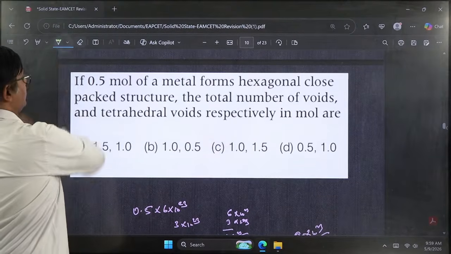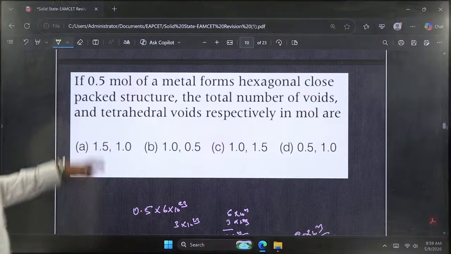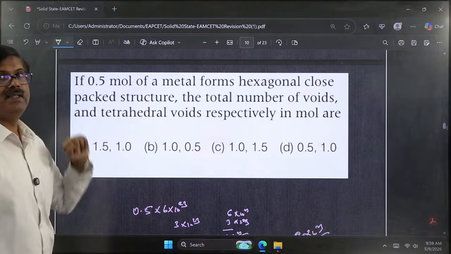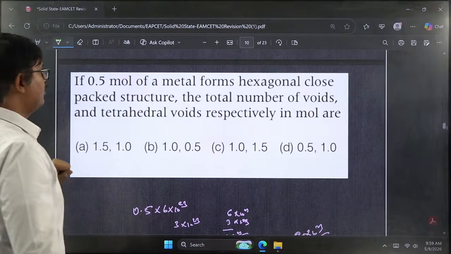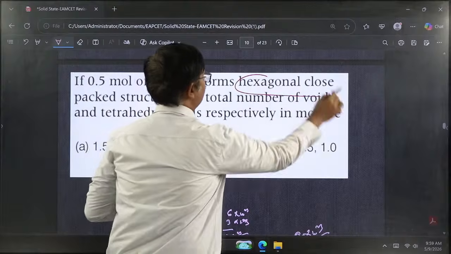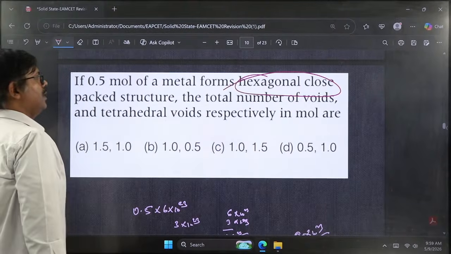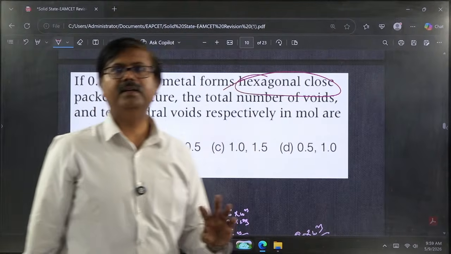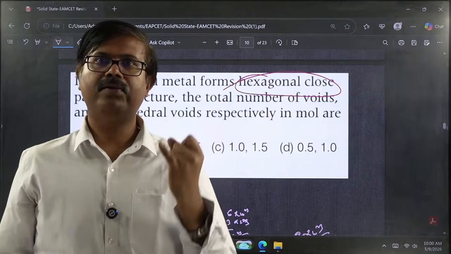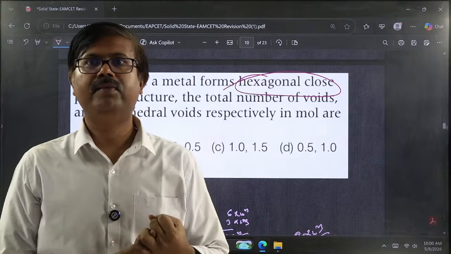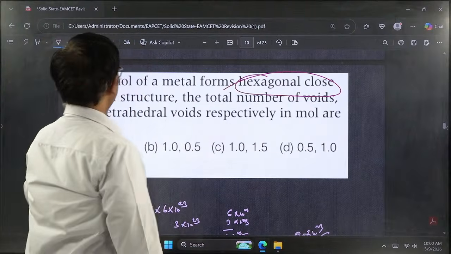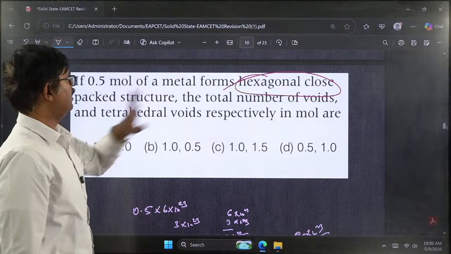Look here, if 0.5 mole of a metal forms hexagonal close packing, HCP, this is now hexagonal close packing. And in hexagonal close packing, number of atoms per unit cell are how many? 6. So therefore OVs will be 6, TVs will be 12. So 0.5 moles of metal is there.